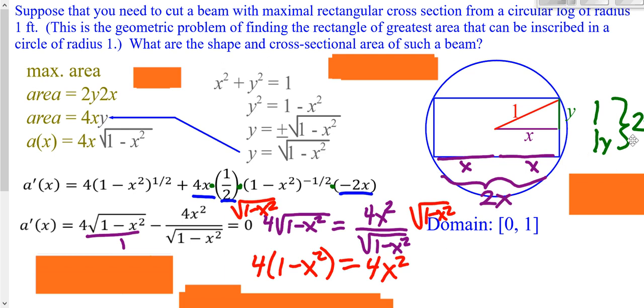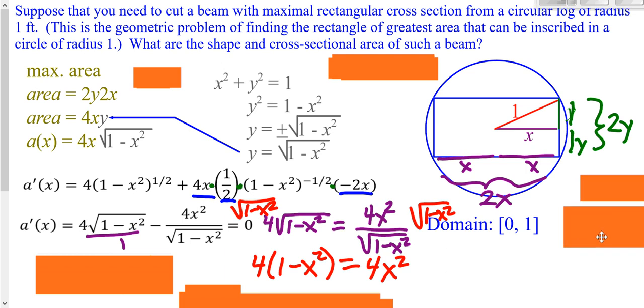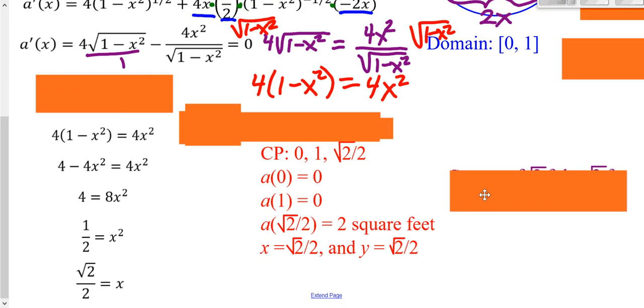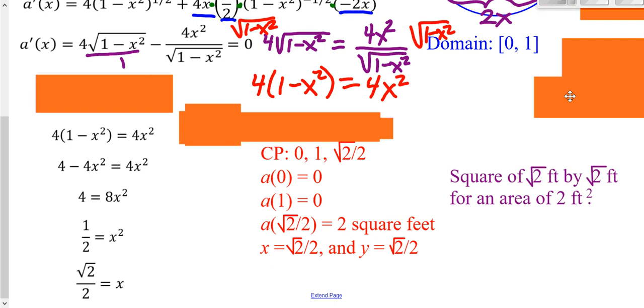And remember, y goes up and down from here to here, but the whole height is 2 of those y's, so you'd have to double that y, which is root 2 over 2. Times 2 would be just a root 2. So we get our dimensions to be root 2 feet by root 2 feet for a total area of 2 square feet.